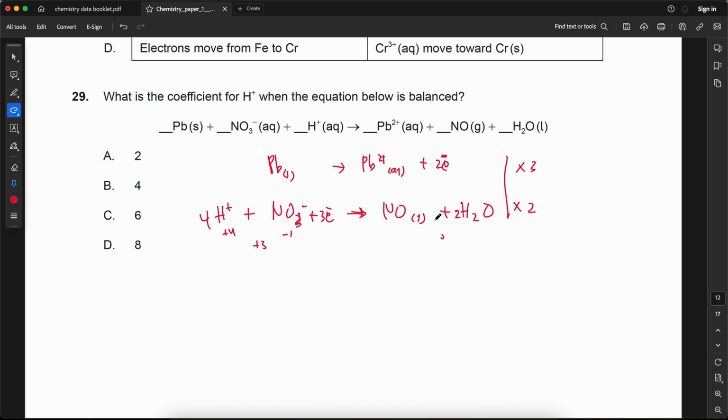Now 6 electrons, 6 electrons, and you can add them both. So that would be 3 Pb, and NO3 will be 2, H plus will be 8, Pb2 plus will be 3, NO will be 2, H2O will be 4. So the answer is D.